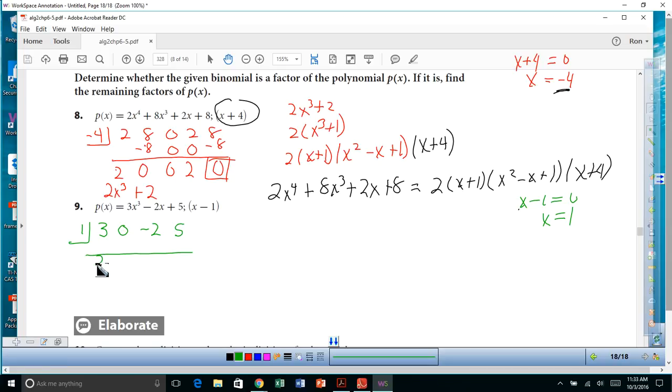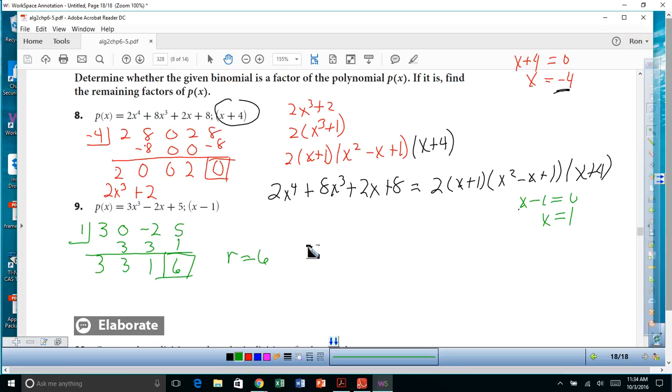So let's bring the 3 down. 1 times 3 is 3. Bring the 3 down. 1 times 3 is 3. And that gives us 1. 1 times 1 is 1. And then 5 plus 1 is 6. So the remainder equals 6.